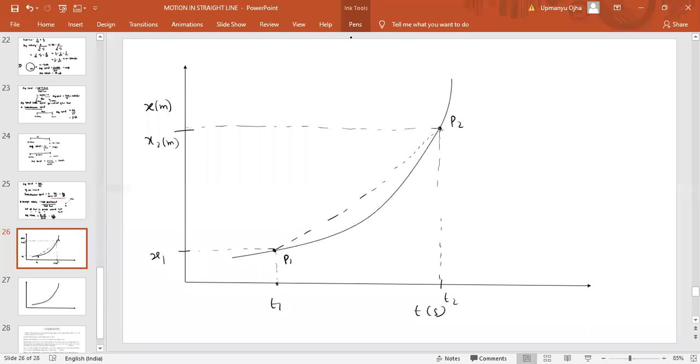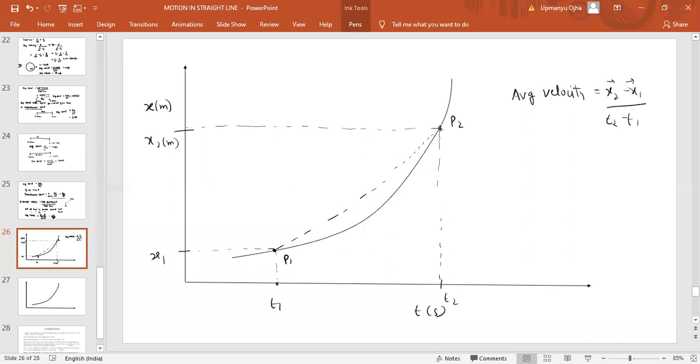Now can you find the average velocity? Average velocity is x2 vector minus x1 vector by t2 minus t1. That is the average velocity of this particle. Now what is x2 minus x1? It is the distance between P1 and P2, which is the shortest distance.